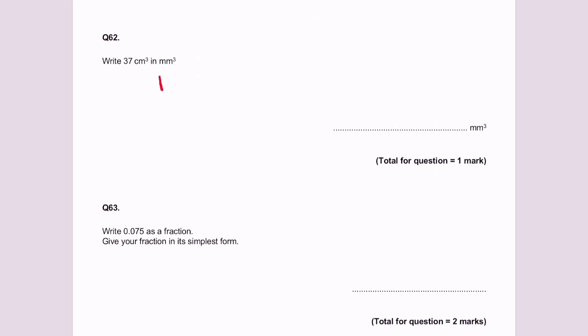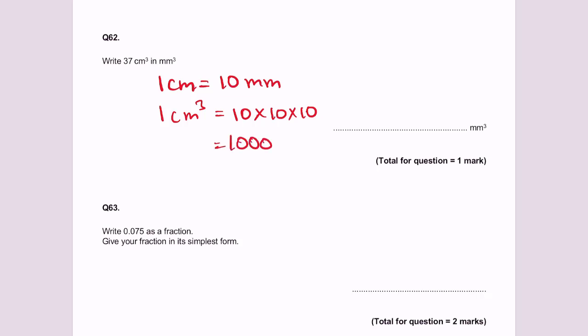37 centimeters cubed into millimeters cubed. First of all, find out how many millimeters in a centimeter. 1 centimeter is 10 millimeters. So 1 centimeter cubed is length times width times height. Imagine the shape in volume, so you multiply 3 times. That's the volume scale factor, 10 times 10 times 10, so the volume scale factor is 1000.